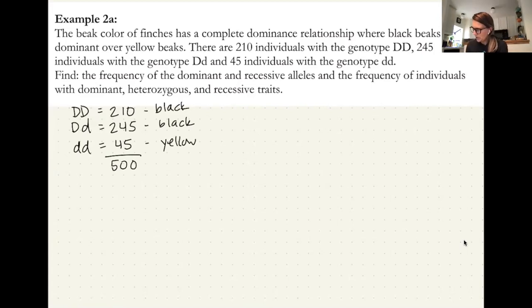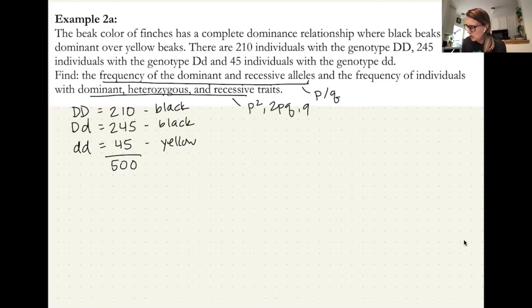Right? So the question is asking, find the frequency of the dominant and recessive alleles. So that again means P and Q, and the frequency of our genotypes. So that's going to be P squared, 2PQ, and Q squared. So again, we're always going to start with our homozygous recessive, right?